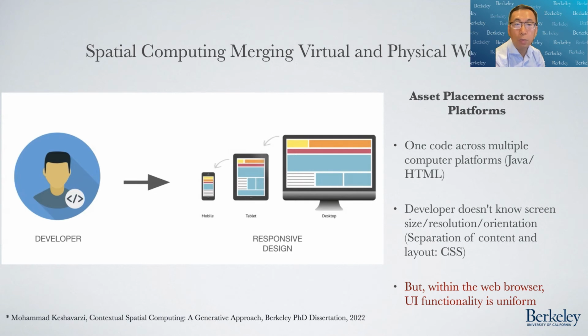The simplest question we may start asking is the problem of asset placement across different platforms. Now, this problem is related to the term responsive display design for websites in Web 2.0, with the websites we are viewing across different platforms from desktop, tablets, and smartphones every day. More specifically, imagine you are a web developer.